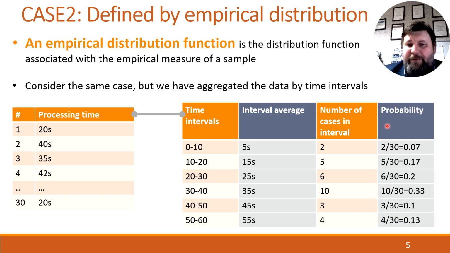What we are doing next, we are calculating the probability that an observation would fit the specific interval. The result of such a simple manipulation is a discrete distribution that approximates the real behavior and can already be used directly in a simulation model.